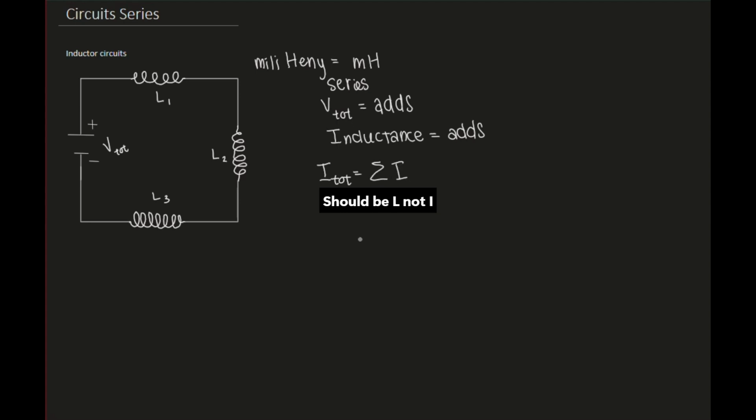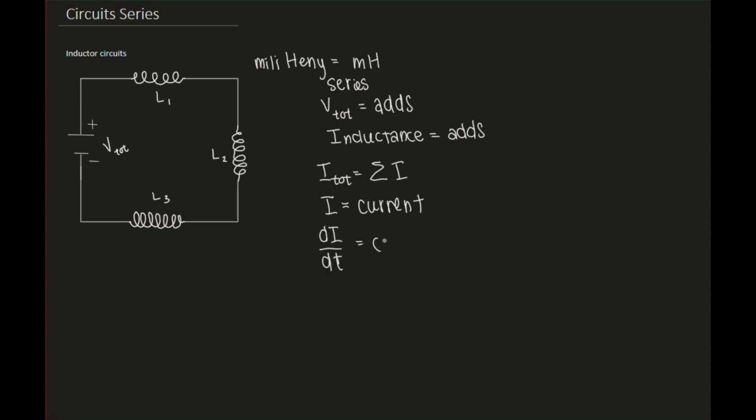And the current, in this case, when we talk about inductor circuits, we are not just talking about current. We're also talking about change in current over time. So the current stays the same, and the change in current over time, the di/dt, also stays the same.